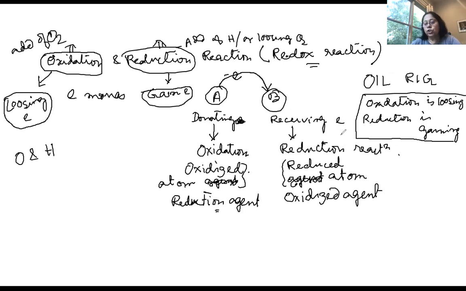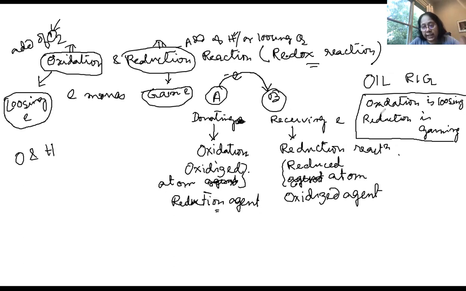We can see the movement of oxygen and hydrogen, but we cannot see the movement of electron in a chemical reaction. So when we are writing down all the chemical reactions, it becomes much easier for us to just look for the movement of oxygen and hydrogen. Okay, so that's another definition.